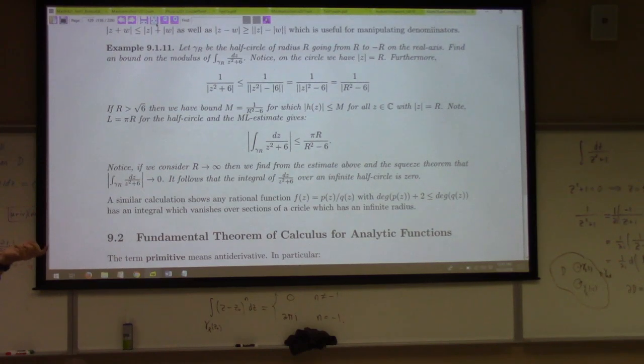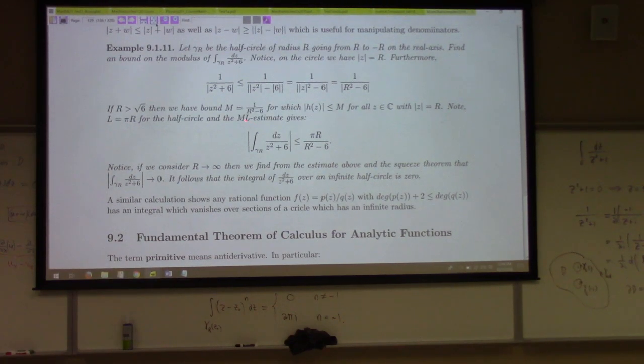Modulus of z equals r puts you on the curve that's a circle with radius r. So this is exactly r. And we have then that this serves as a quote-unquote m, a bound for the integrand over that half circle. And so we can apply the ML theorem. What's the arc length of a half circle? Well, it's pi r, right?